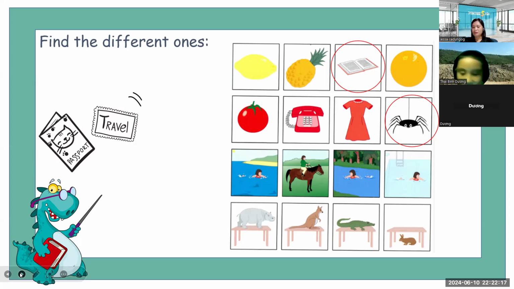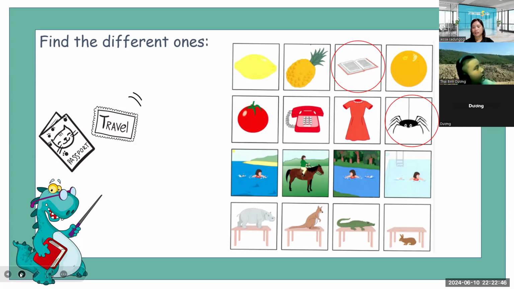Okay, what else? What makes it different aside from that? You said already that those are things. What else makes the spider different from the others? What are the other reasons?